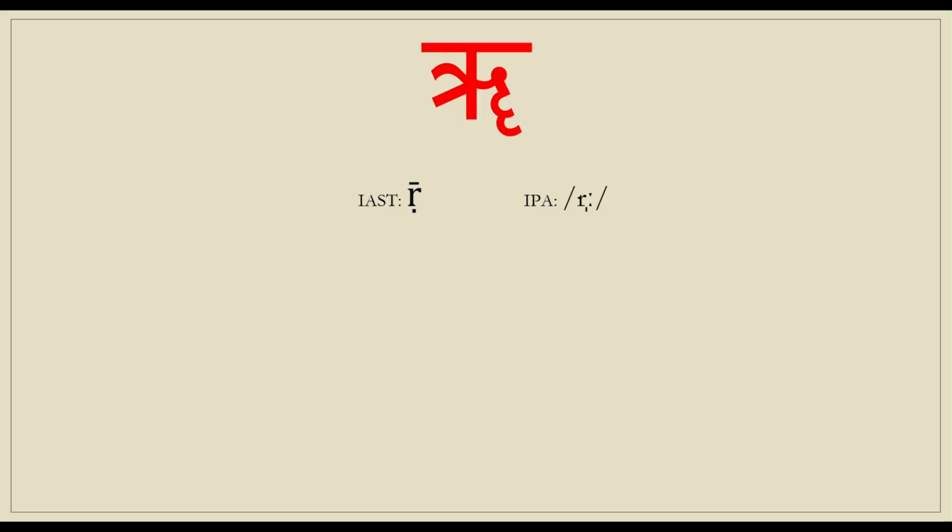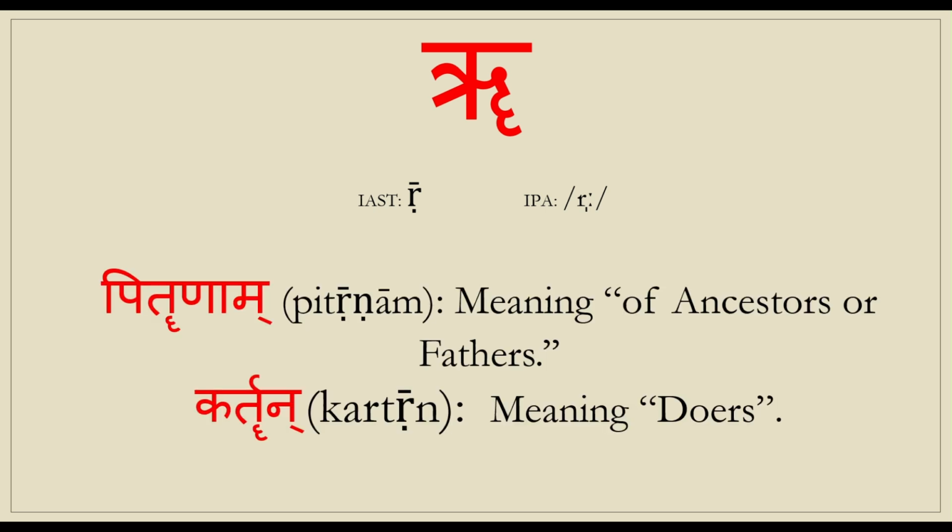We don't have this sound existing in English, so we are entirely dependent on the Sanskrit examples. They are like the word Pitṝṇām, which means of ancestors or fathers, and the word Kartṝn, which means doers.